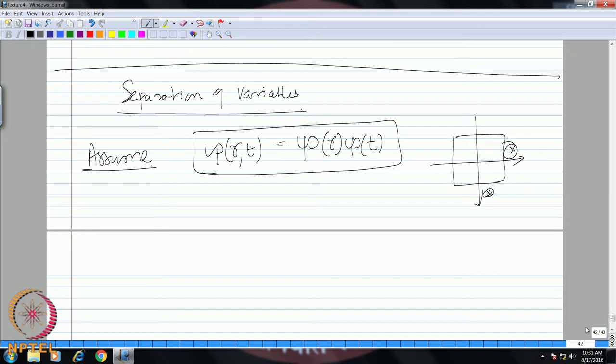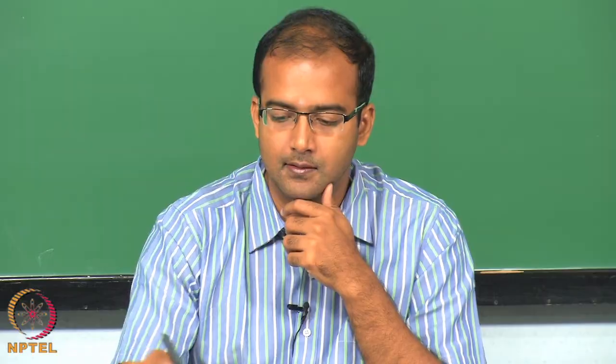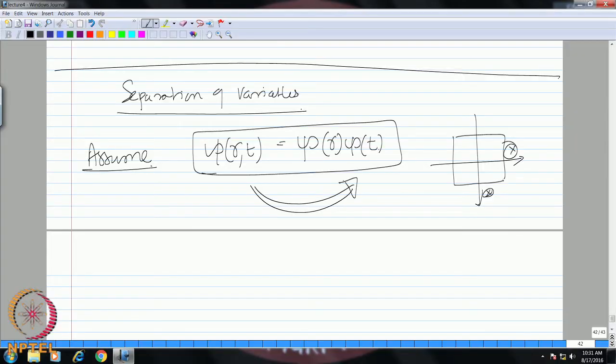So, assuming this, and if you substitute into the actual Schrodinger's equation, can you convert the partial differential equation into an ordinary differential equation? So, using this assumption here, what we are now trying to do is transform psi which is a function of r and t as psi which is a function of only r, and we will use another variable Y here, capital Y, which is a function of t.